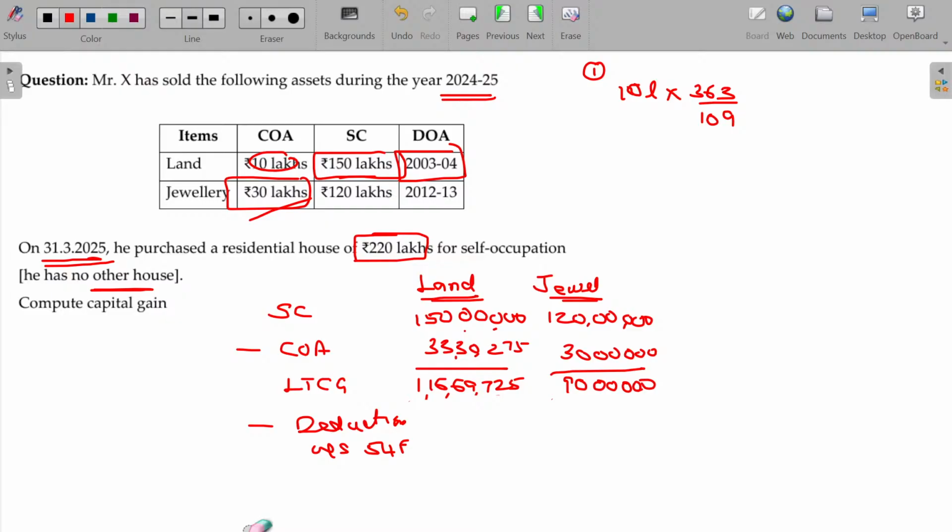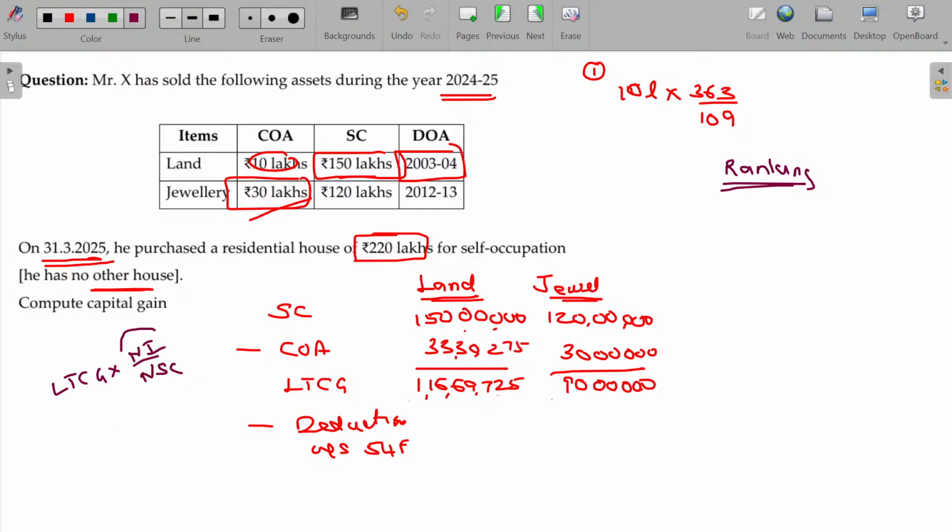Then automatically you need to rank it. How can we rank? For ranking purpose, you have to find the proportions first of all. How do we calculate the deductions? Long-term capital gain multiplied by net investment divided by net sale consideration.